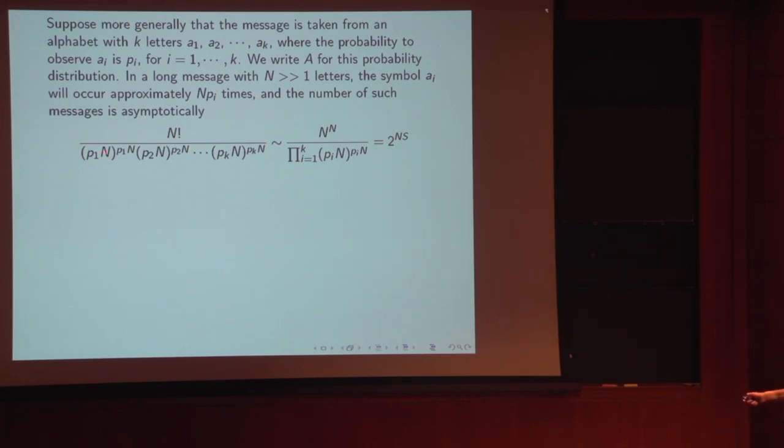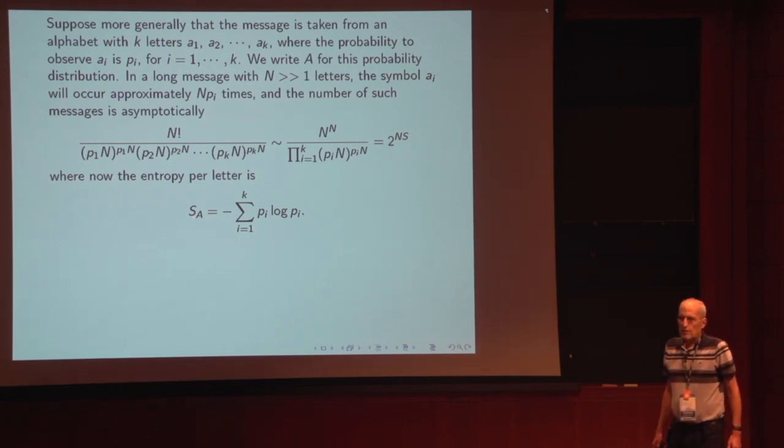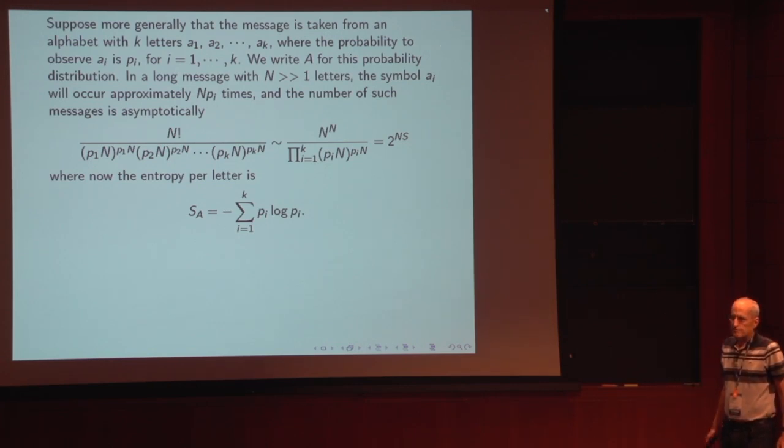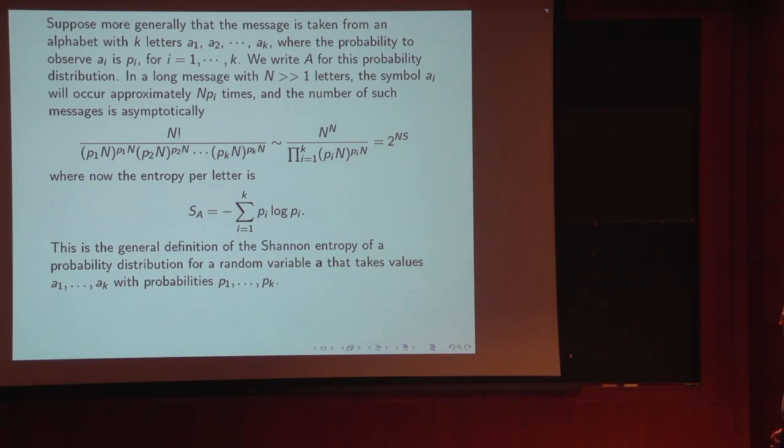And approximating it for large n by Stirling's formula, the number of possible messages is roughly 2 to the n times s, where s is the Shannon entropy of this probability distribution. And it's given by that formula, minus the sum of p log p. So that's the general definition of Shannon entropy for any probability distribution.